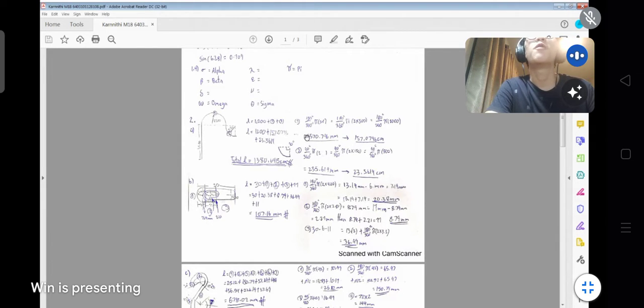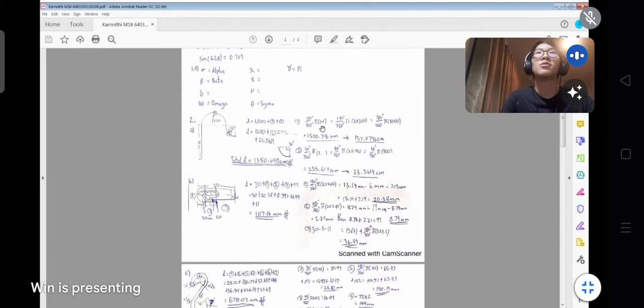So I put the formula together. Sigma over 360, which is the angle of a circle, times pi, and times 2r. This can also be used as d instead of 2r.